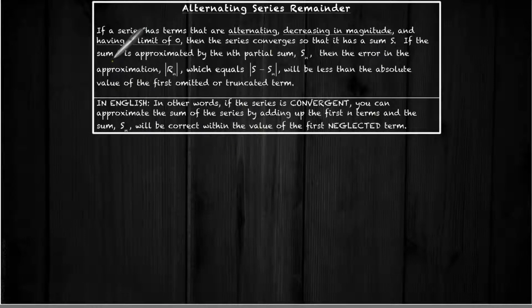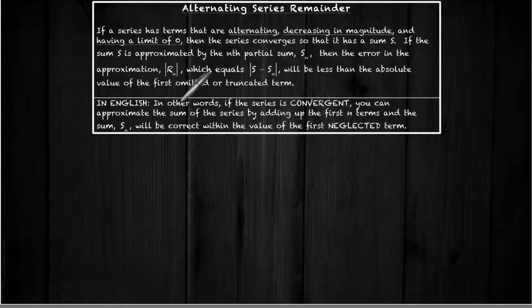And it says if the sum S is approximated by the nth partial sum, and we'll call that S sub n, then the error in the approximation, R sub n, which equals S minus S sub n, will be less than the absolute value of the first omitted or truncated term. And you're thinking now, what in the world does that mean? Okay, let's see if we can explain it.